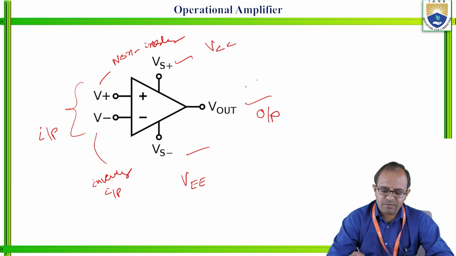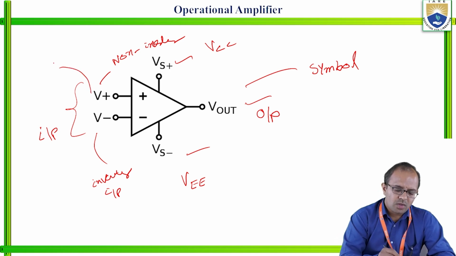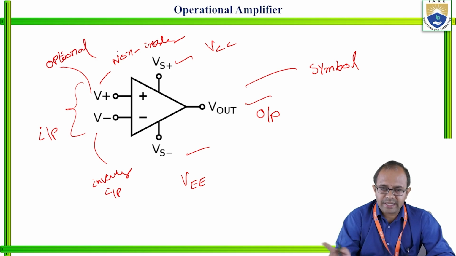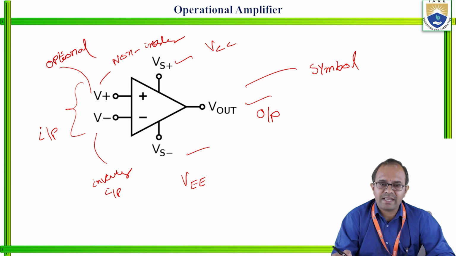So this is the symbol for an operational amplifier having two inputs: one is a non-inverting input and the other is an inverting input, and two biasings. See, providing inputs is optional. In the upcoming lectures we will see the operational amplifier classified into two: the inverting amplifier and the non-inverting amplifier.